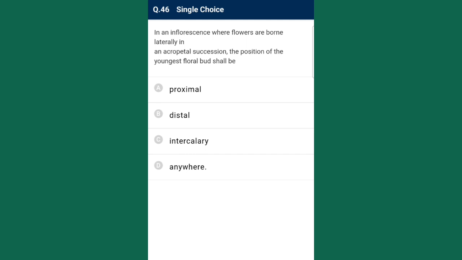The axis produces different kinds of floral appendages laterally at successive nodes rather than leaves. If the shoot tip transforms into a flower, then it will always be solitary. The arrangement of the flowers on the floral axis is referred to as inflorescence, depending on whether the apex gets converted into a flower or continues to grow. So the answer for this question is option B, distal.